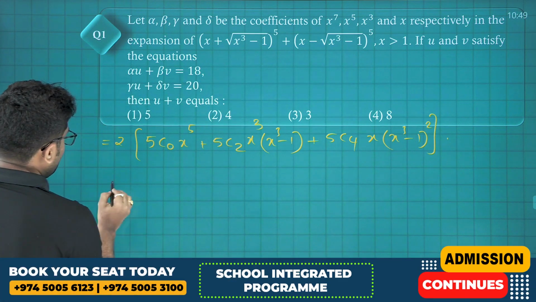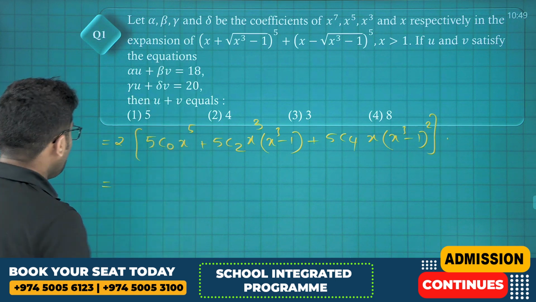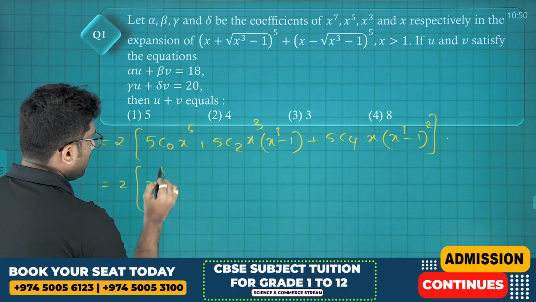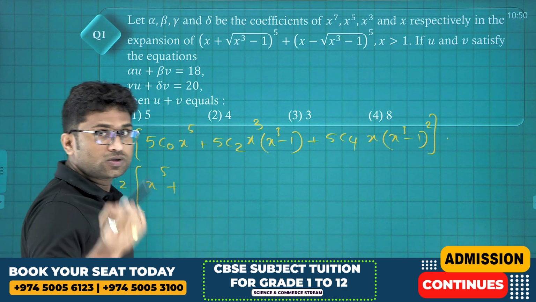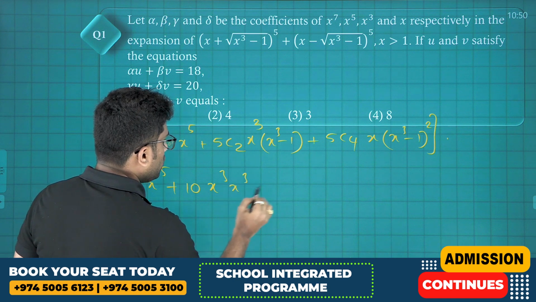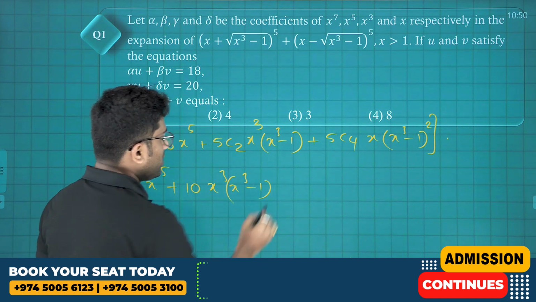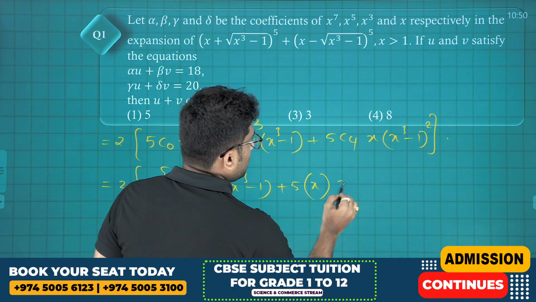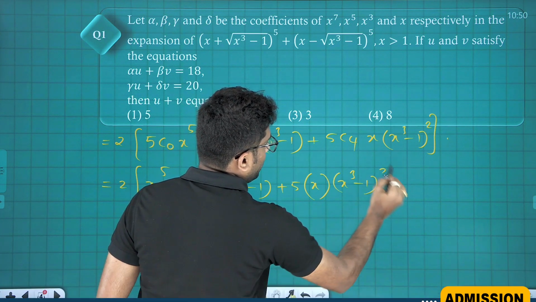So this is nothing but 2 times of 5c0 is just 1 x power 5, 5c2 is 5 4 20 by 2, 10, into (x cube minus 1), plus 5c4 is just 5 into (x cube minus 1) whole square.